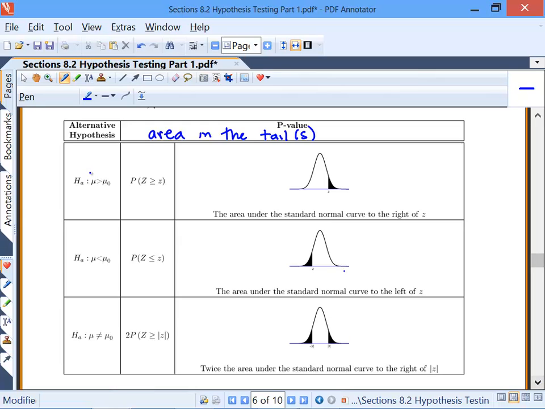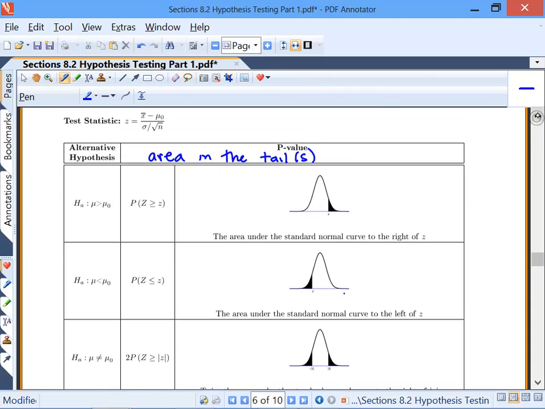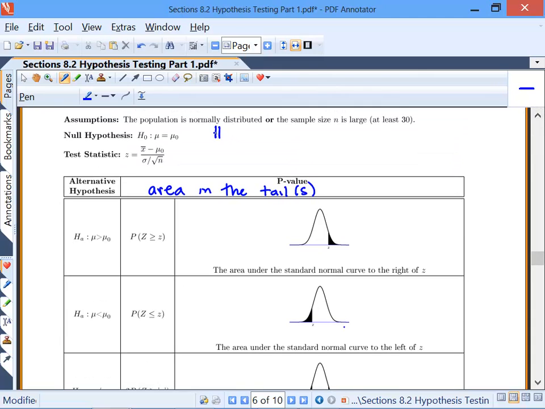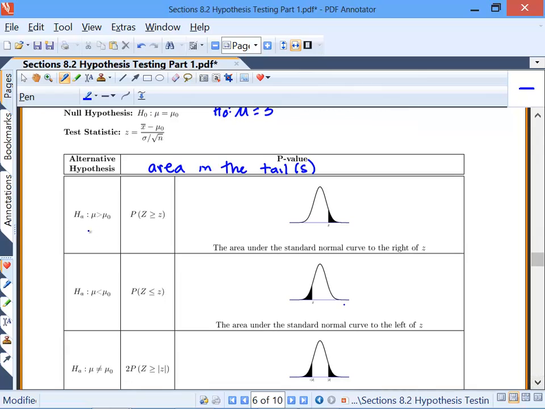Okay, so if my alternative hypothesis is that my mean is greater than the hypothesized value, let's say once again, for an example, that I want to see if my mean is 3. I think my population mean might be 3. Then the first alternative hypothesis I could choose is that maybe my mean is greater than 3.